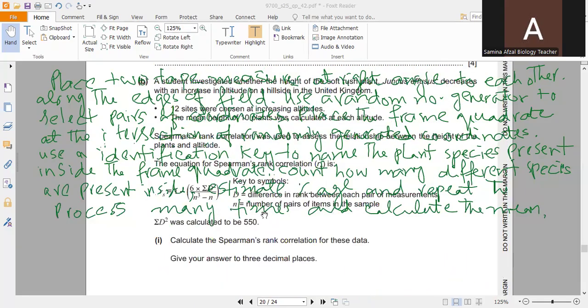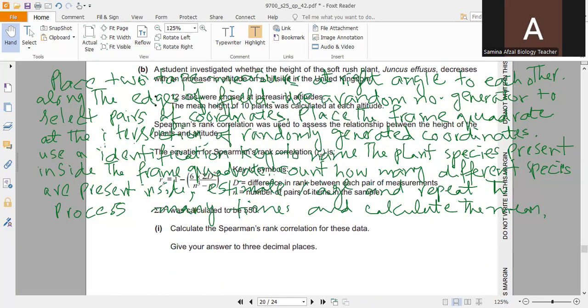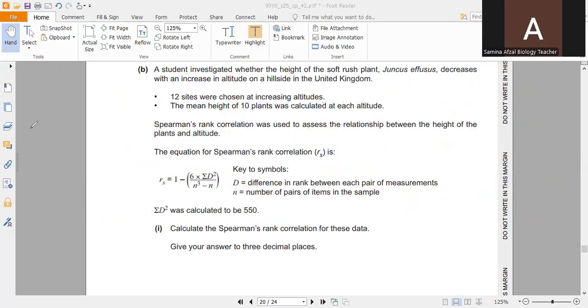Now the next question, part B. A student investigated whether the height of the soft rush plant, Juncus effusus, decreases with an increase in altitude on a hillside in the United Kingdom. 12 sites were chosen at increasing altitudes. The mean height of 10 plants was calculated at each altitude. Spearman's rank correlation was used to assess the relationship between the height of the plants and altitude.